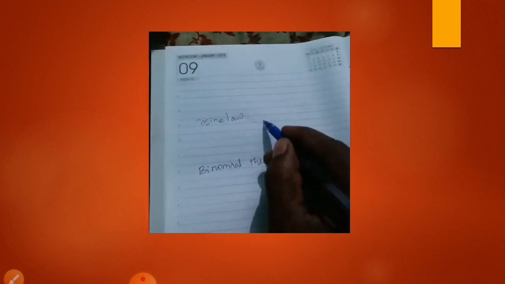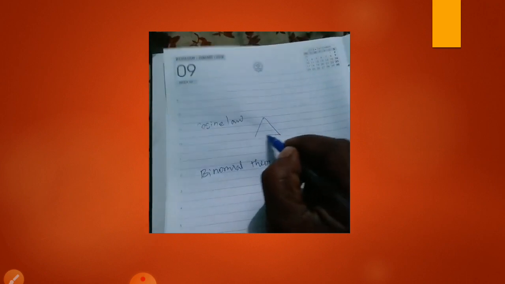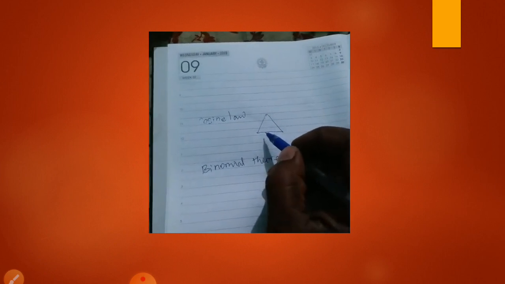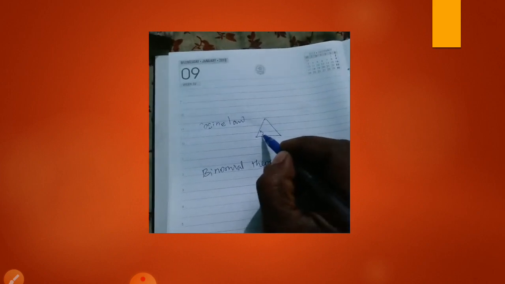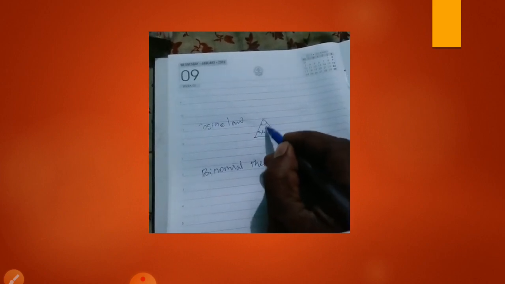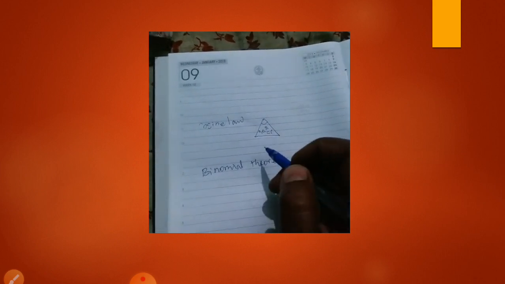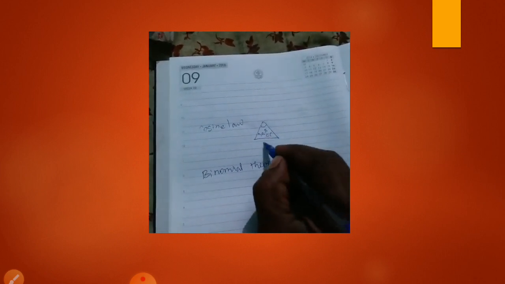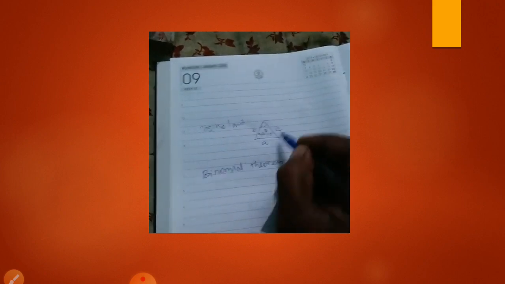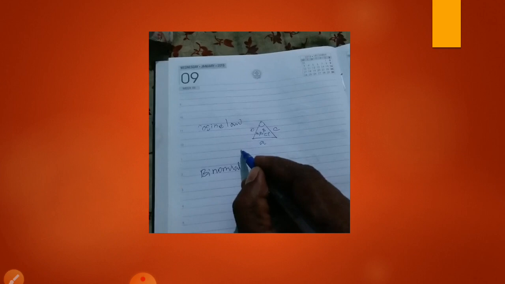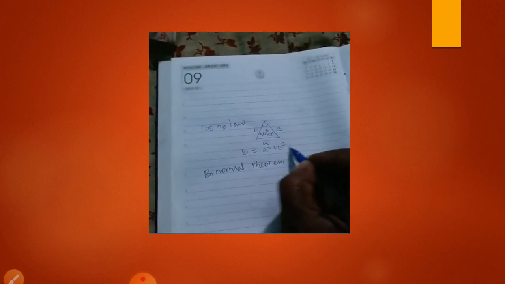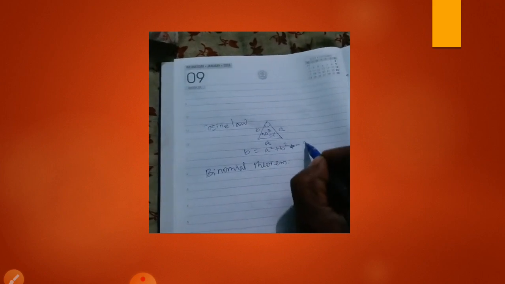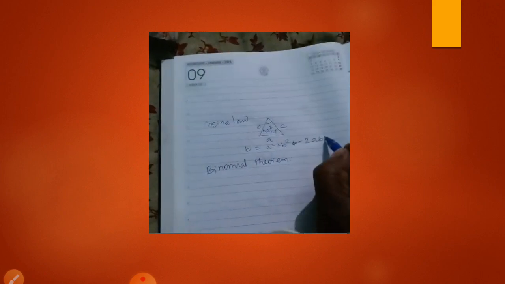The cosine law is used to find the angles and sides of triangles. For example, if we take this to be angle A, this angle B, and this angle C, and for my convenience I take the sides as A, B and C. According to the cosine law, C squared will be equal to A squared plus B squared minus 2AB cos theta.